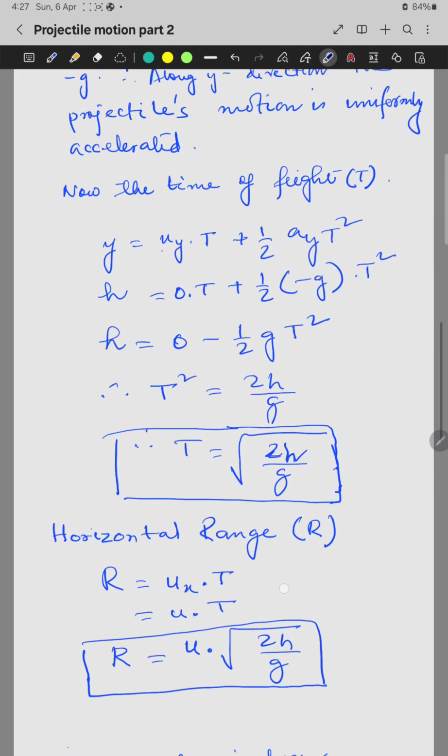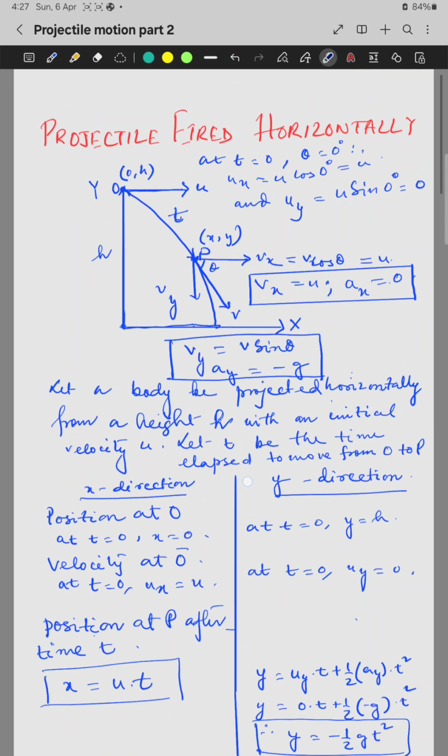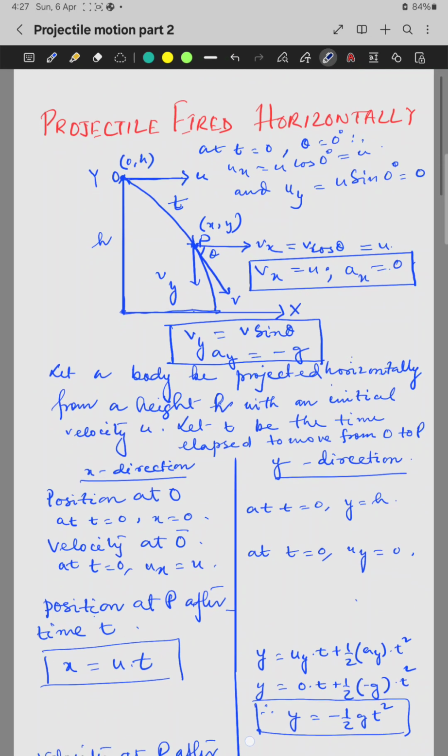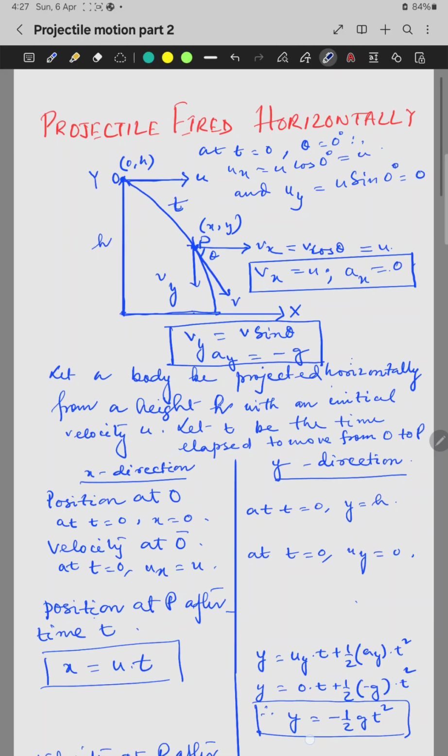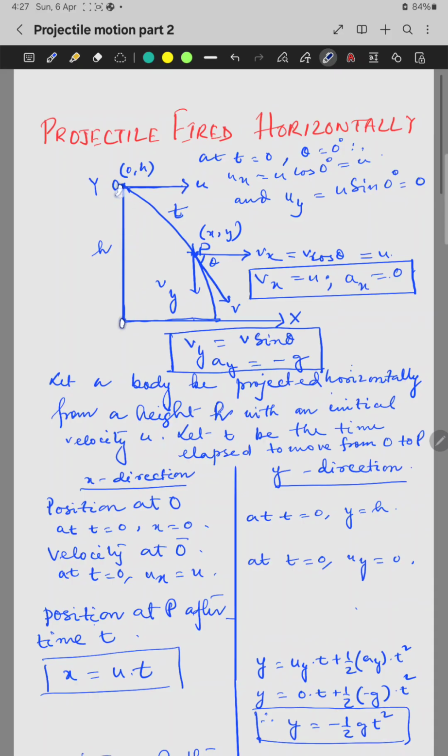Now to find the horizontal range, as you all know, the horizontal range is the distance between the point from where it is projected to the point where the projectile landed. So here the parallel point of O will be, let's say, O dash. From O dash to a point x, O dash to x, will be treated as the range.